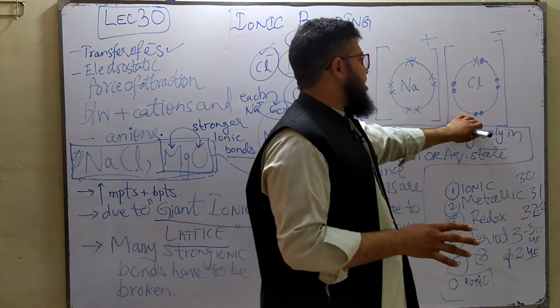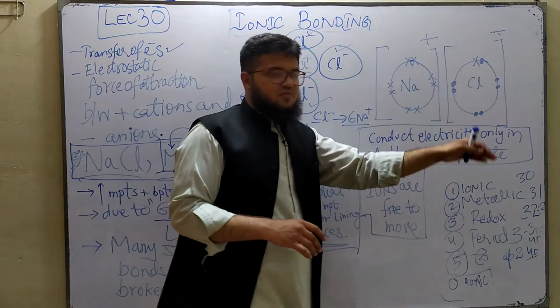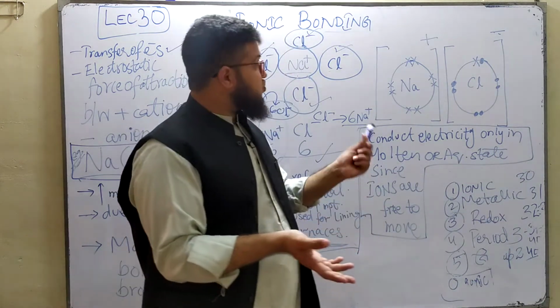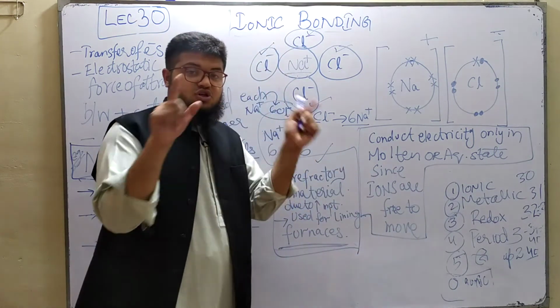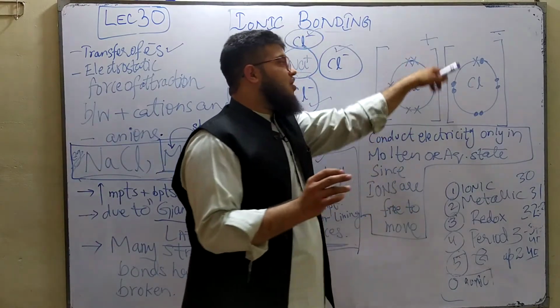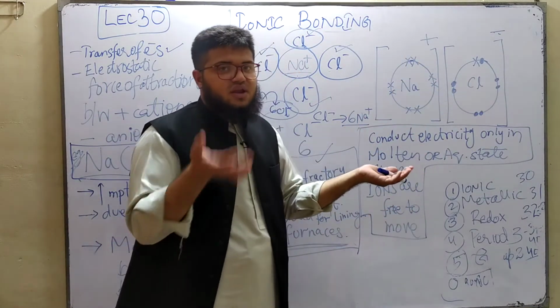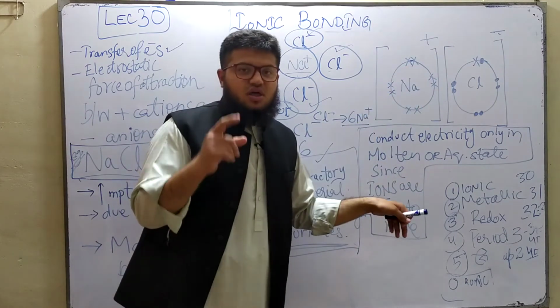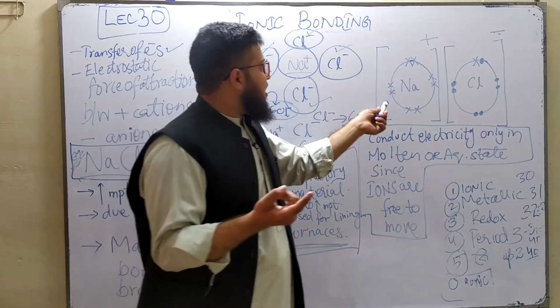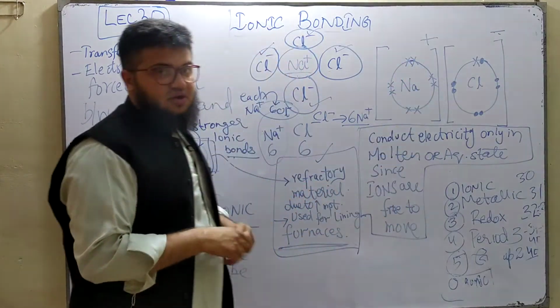And this is the structure, how it is made after transfer of electron from sodium to chloride. If you are asked to draw out the dot and cross diagram of sodium chloride, you are supposed to show the outer shell electrons only. It's the sodium that has lost its electron and completed its octet, right? There was just one outermost electron in case of sodium, so it lost that electron, and 8 electrons are left in its outermost shell.